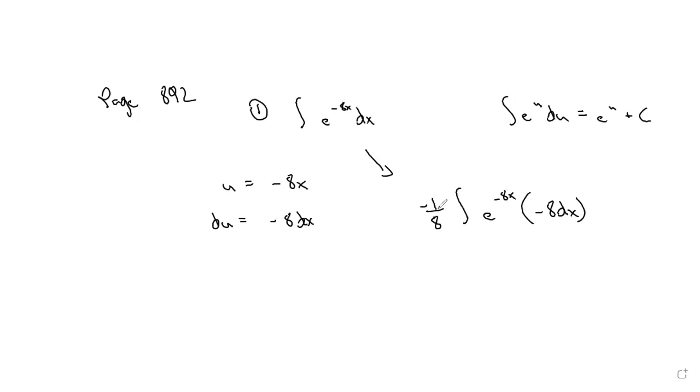So remember, whenever you put a constant into your integral, you always have to offset it. And now we can just directly use the formula. So that's going to be minus 1/8 e to the u plus c. So that'll be minus 1/8 e to the minus 8x plus your constant.